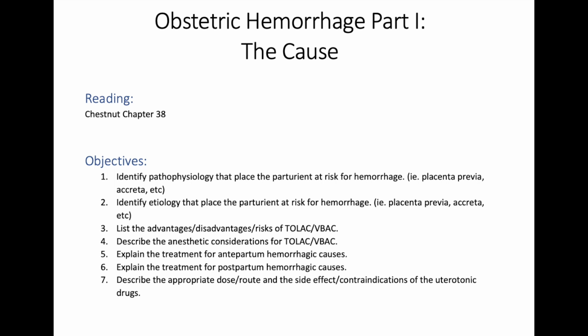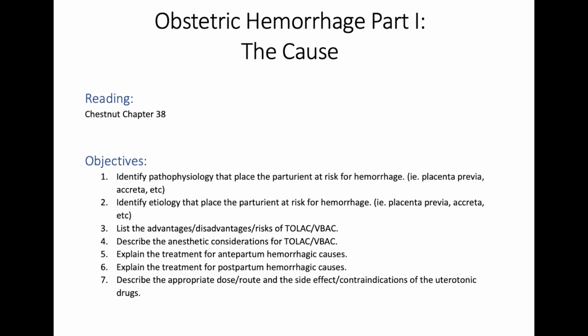But in the situation of placenta accreta, the placenta embeds much deeper into the uterine wall. And placenta accreta is further categorized as placenta accreta, placenta increta, and placenta percreta. And those different terms actually indicate how deep the placenta is embedded into the wall of the uterus.